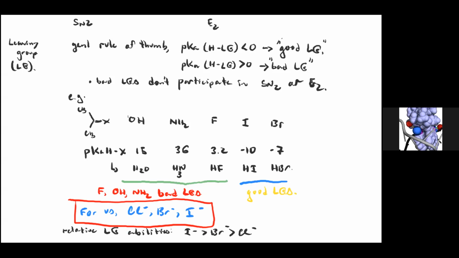All right, so on the next slide, I want to talk about what I'm going to carefully call the reagent here. The reason I'm calling it the reagent is because we're going to try and outline the factors that lead that reagent to behave as a base or a nucleophile. Okay, so if it's a base, it's pulling off a proton, it's doing the E2. If it's a nucleophile, it's attacking carbon, it's doing an SN2.